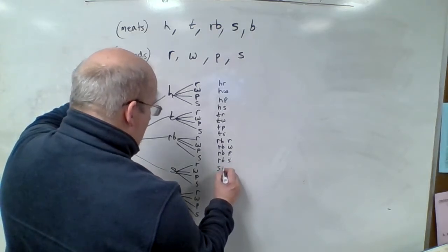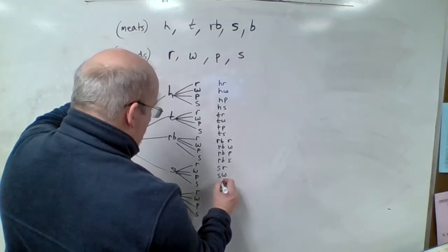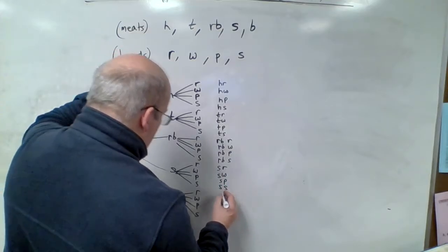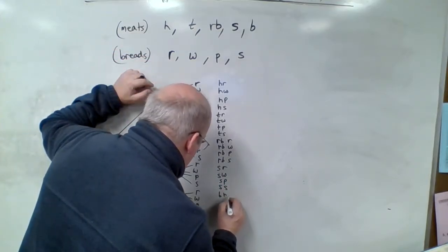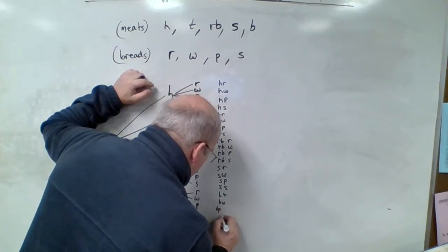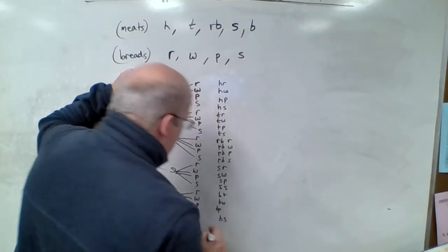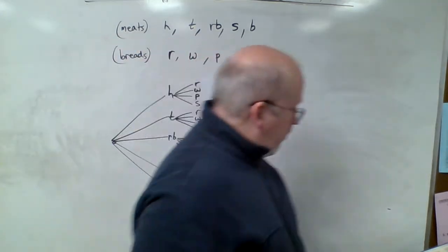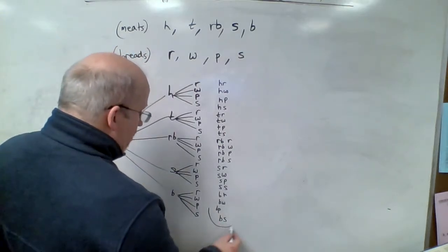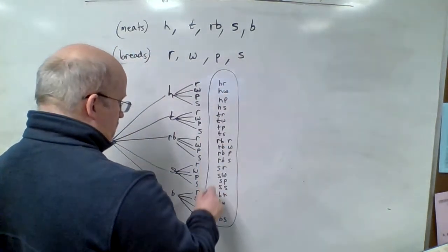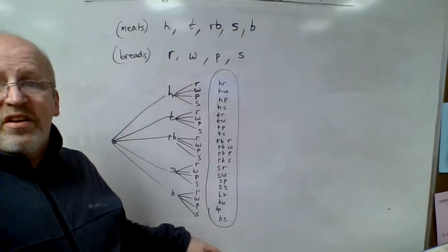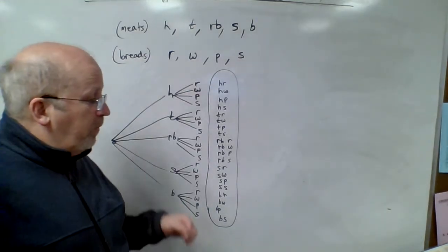We could have salami and rye, salami and white, salami and pumpernickel, and salami and sourdough, bologna and rye, bologna and white, bologna and pumpernickel, and bologna and sourdough. So that's number 6. There's all the possible choices. In this particular case, we ended up with 20 different types of sandwiches that can be made.